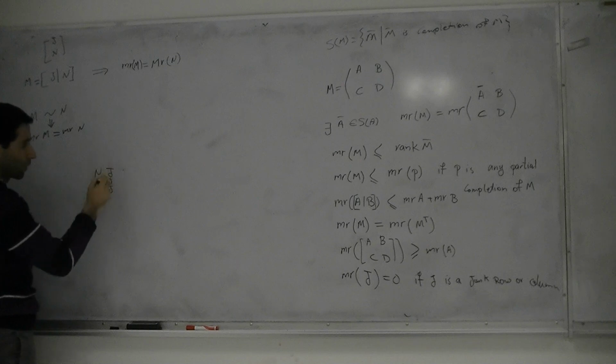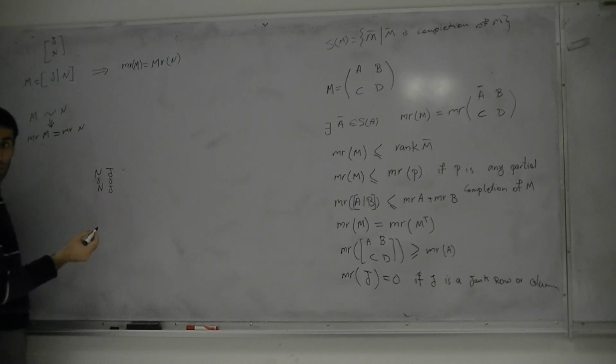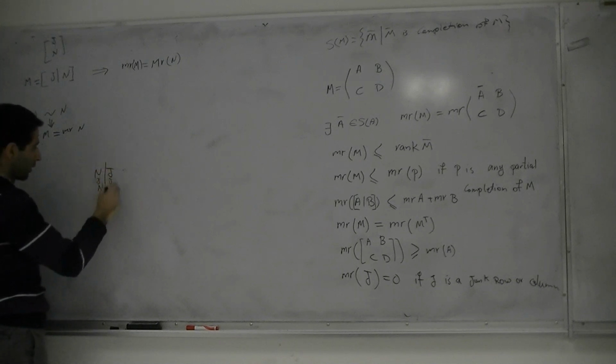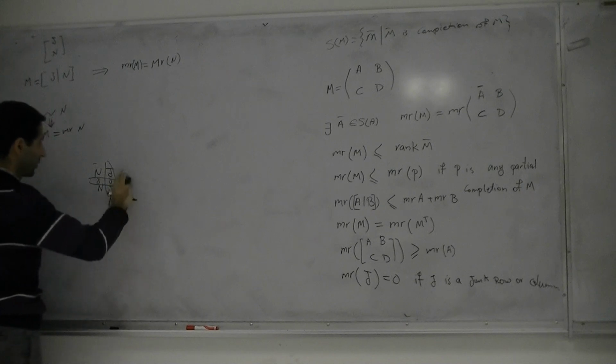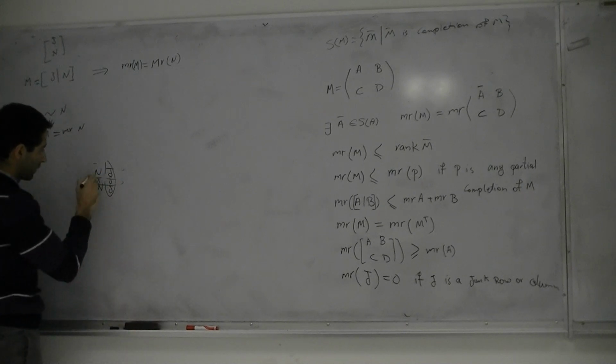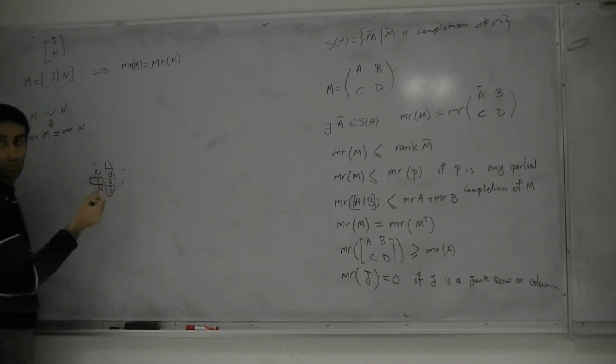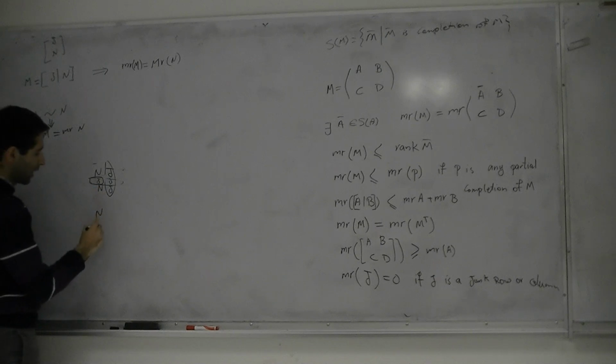You have one column and one row. You can first, for example, delete this one and again delete this one. In the second one, you have only, for example, a half row, and the result again is N.